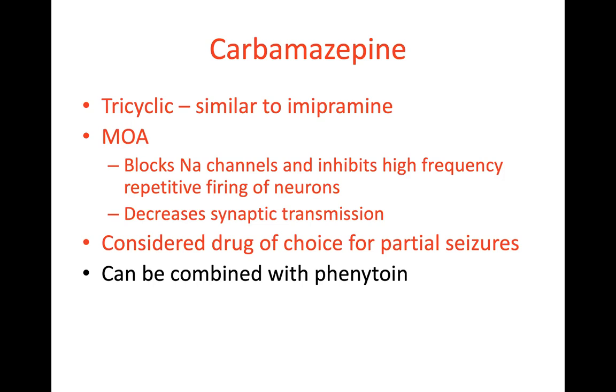So this carbamazepine structure is very similar to imipramine, which is a tricyclic antidepressant. So one of the things we want to do is be careful about using this with another tricyclic because we can have more side effects.